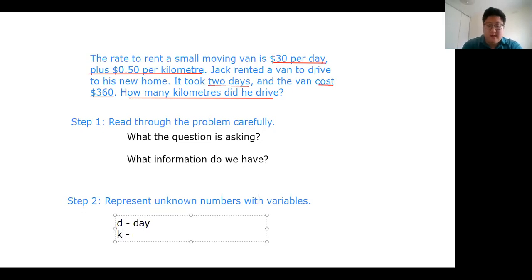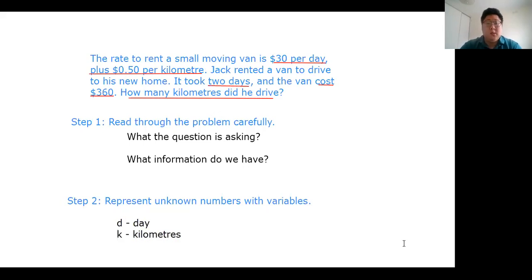So we're just going to say K for kilometers. And I think that's about it. They are the only 2 variables, because we know the variable because it's per day, per kilometer. And obviously how many kilometers, that's the question itself there. So that's step number 2.